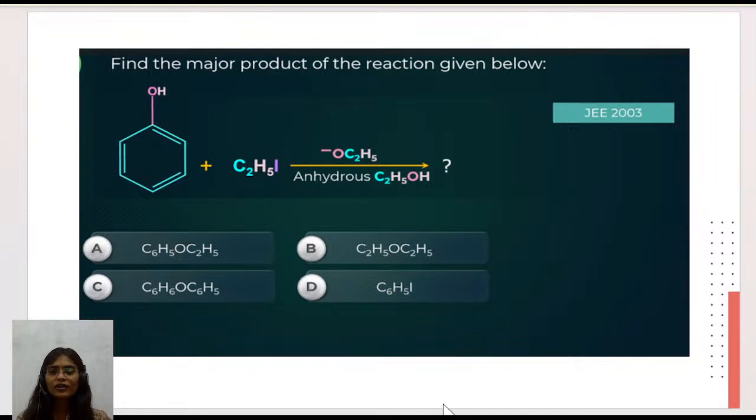This question has so many traps. Yes, Abhishek, but just identify the right one. You have to identify the major product here.